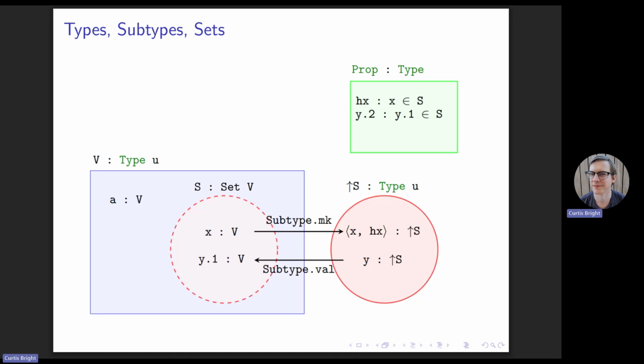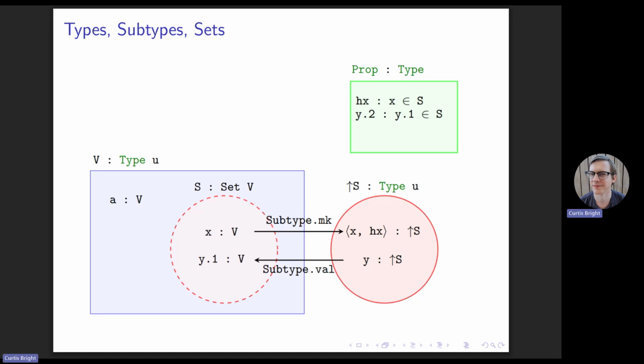So we can convert something of type V with a proposition that it belongs to the set into something that is of type S coerced to a type. And we do this using the Subtype.mk coercion, which is essentially pairing together the value from the type with the proposition.